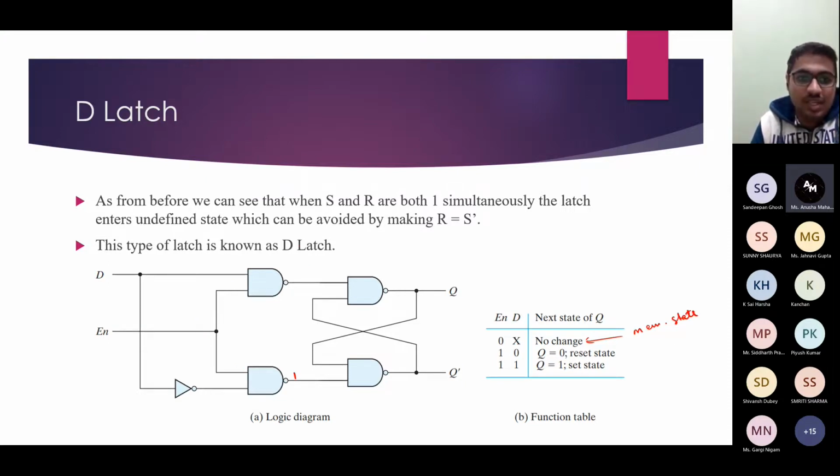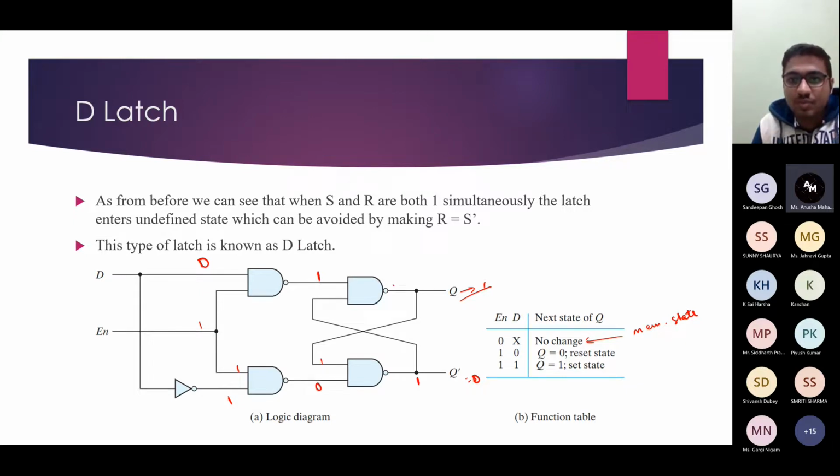Now if enable is 1 and D is 1, then 1 1 will cause 0 as output, and here 1 comma 0 will produce 1. So 0 1 will produce 1 as output, and as this is 0, Q will be 1, and again 1 1 will produce 0. So when D is 1, Q is 1. When D is 0, this is 1 and this is 1, so Q complement will be 1.